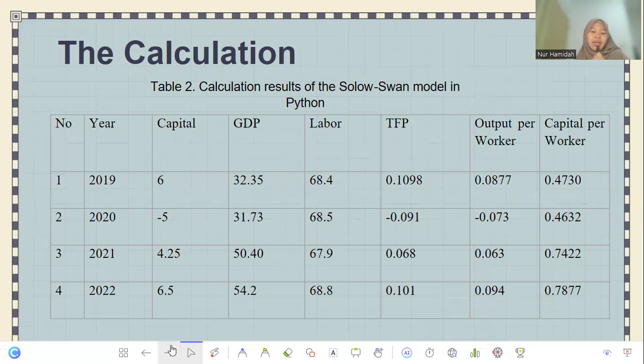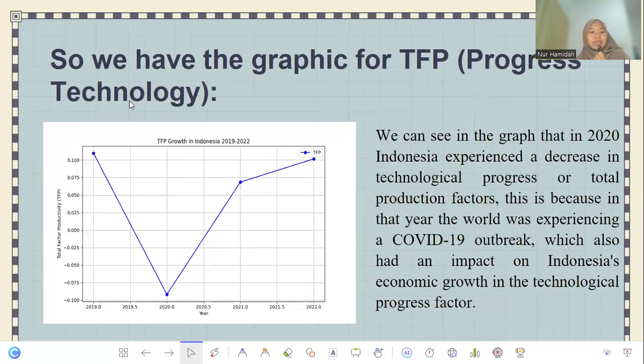After that, we can look at the graphics. We have the graphic for technological progress, or total factor productivity. We can see in the graph that in 2020, Indonesia experienced a decrease in technological progress. This is because in that year the world was experiencing the COVID-19 outbreak, which also had an impact on Indonesia's economic growth.